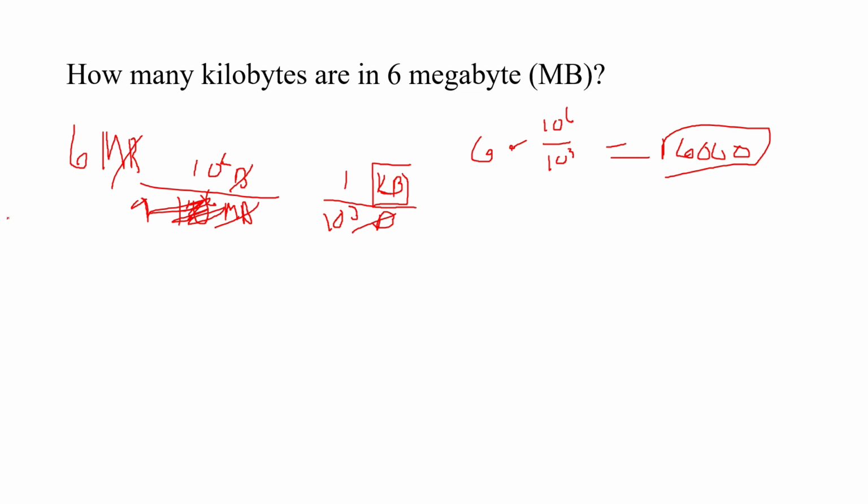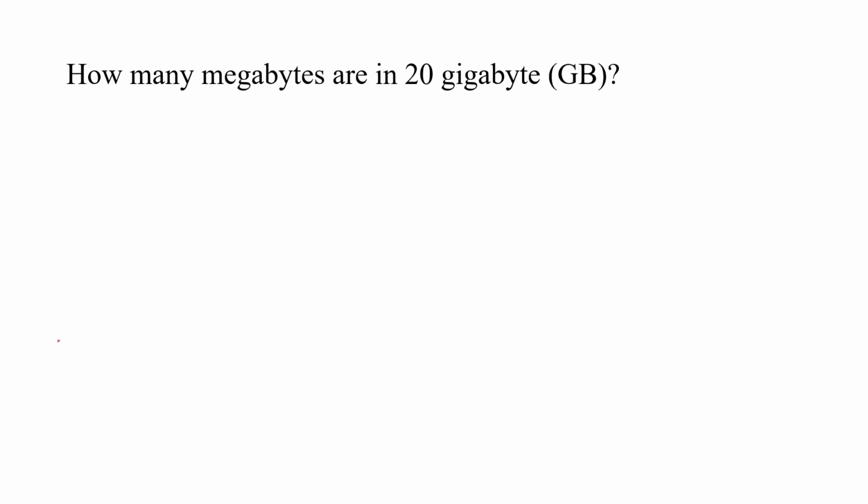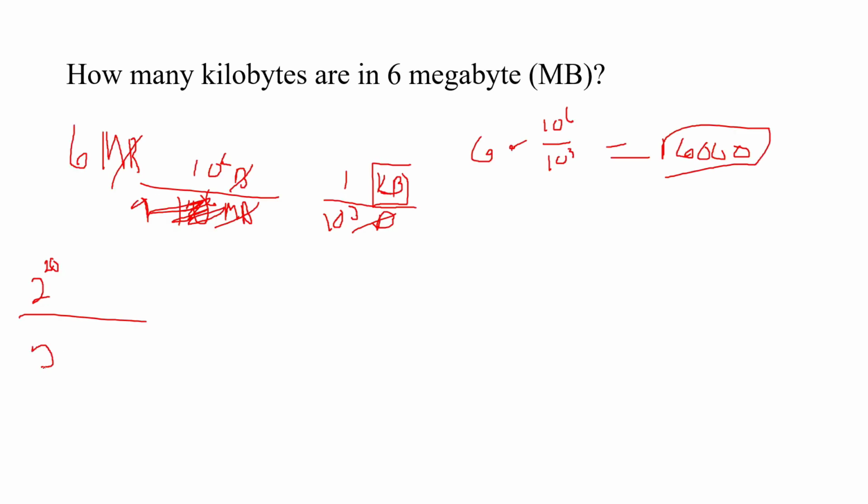Now we're going to do powers of 2. What is megabytes in power of 2? It's 2 to the 20. What is kilobytes in power of 2? Same as last time, it is 2 to the 10th. So we have 6 times 2 to the 20 over 2 to the 10.